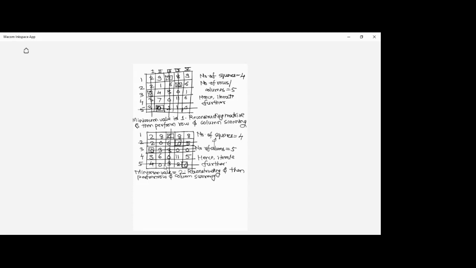Right. So let's reconstruct this matrix again here. Very sorry because the pen ink has finished and I'm imagining these lines and not drawing.